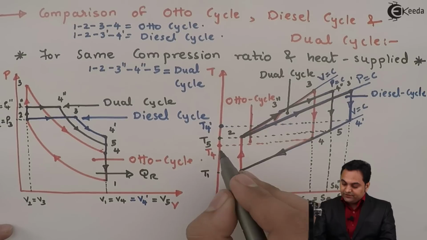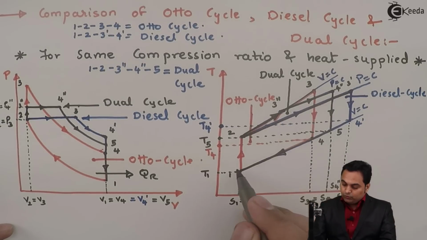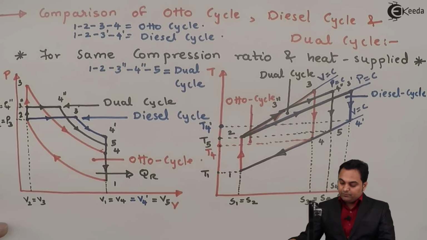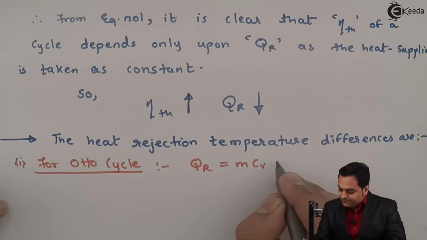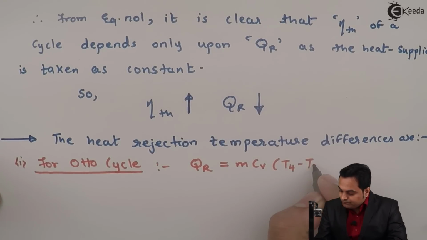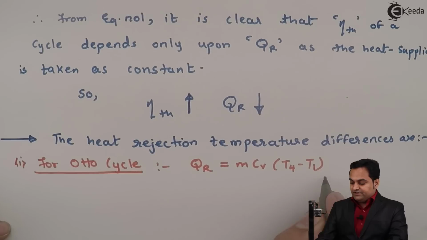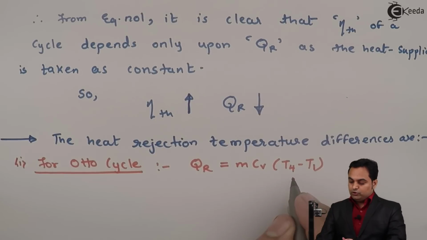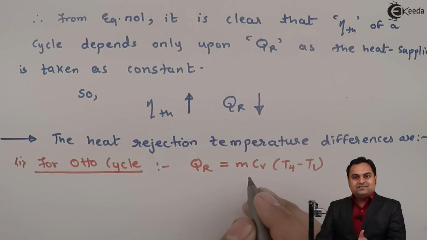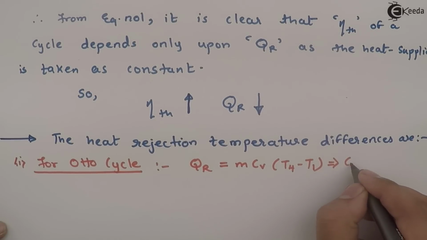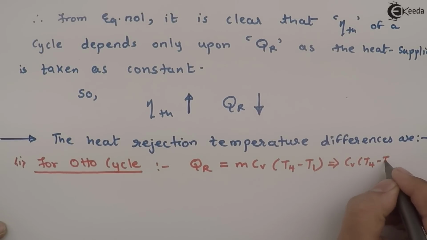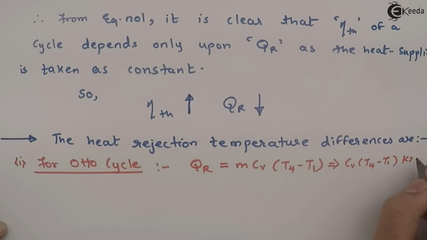The heat is rejected from 4 to 1, so it will be T4 minus T1, that is higher temperature minus lower temperature. So this is the heat rejected in case of Otto cycle. If the mass is assumed as 1 kg, it will become CV times T4 minus T1, and the unit will be kilojoule per kg.